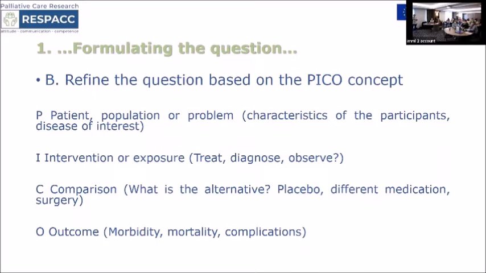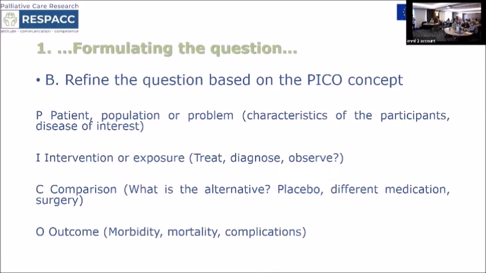So what does this mean? PICO comes from the acronym of the first word in each of the sections. When you formulate a question in a PICO modality, P stands for patient, population, or problem. Somehow in your question you have to have these four elements. So you have to put something about the patient, the population, or the problem that you want to address.